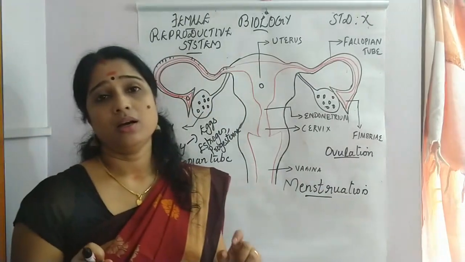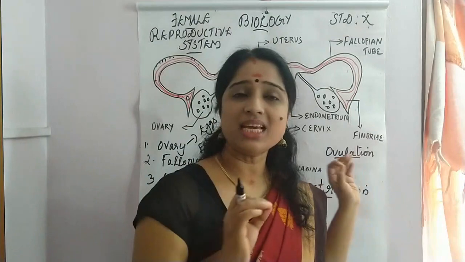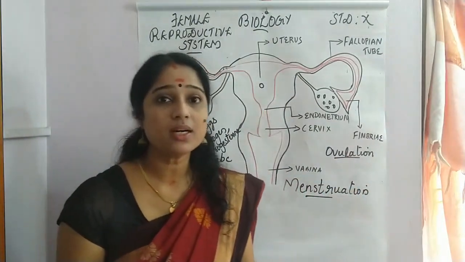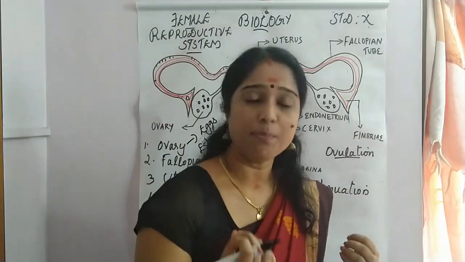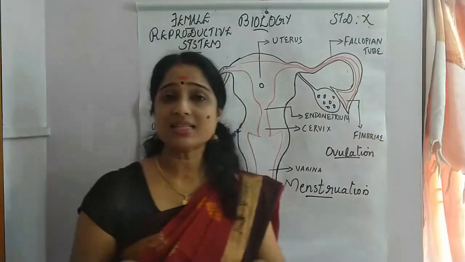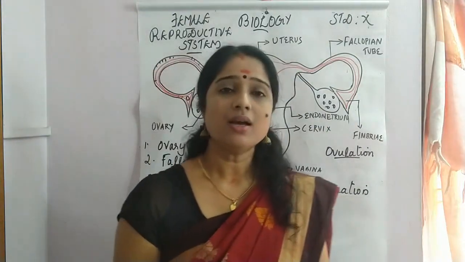When the egg reaches the uterus, every month when the egg is released, uterus prepares itself to receive the developing embryo. But when the egg reaches, the uterus realizes that the embryo has not yet come. So what happens?